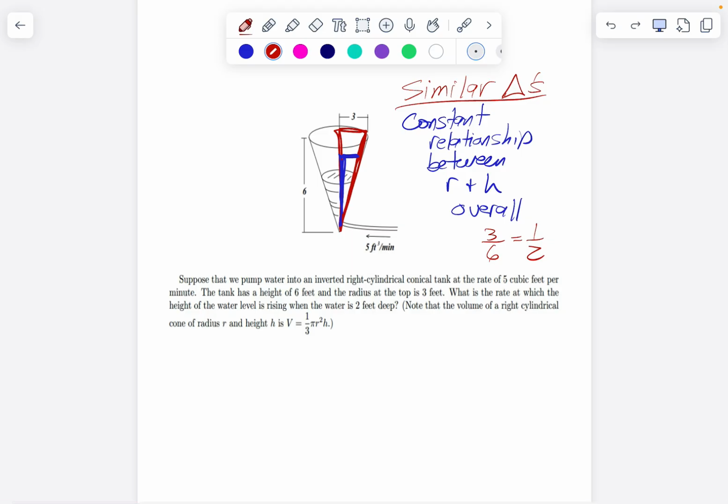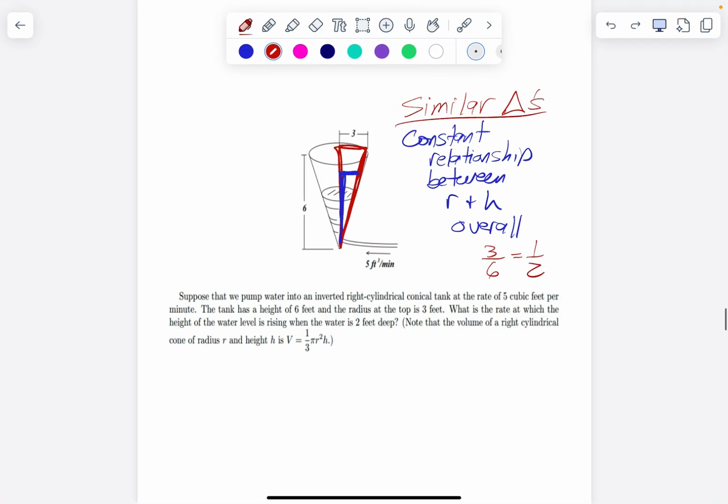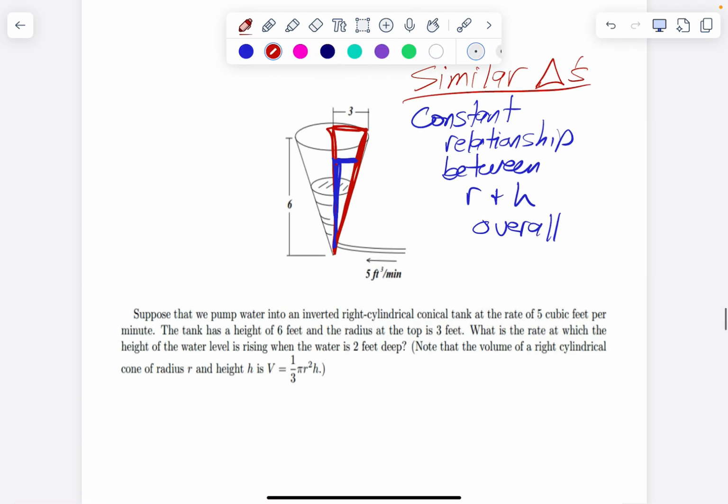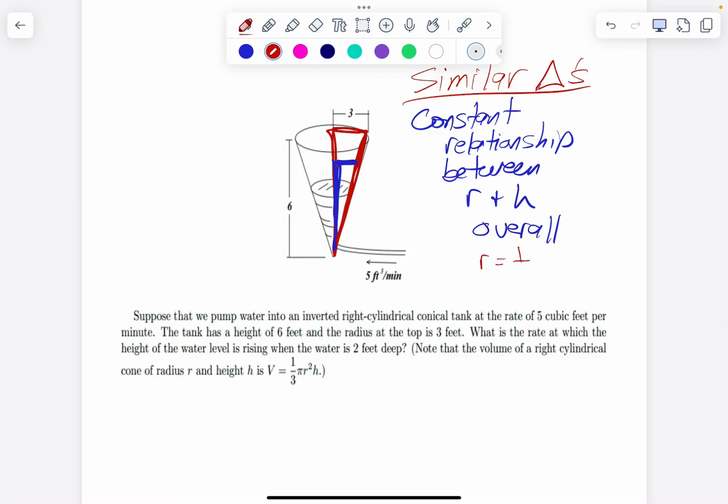And that ends up being pretty critical to solve the problem. So keep an eye out for relationships that are constant relationships like that. I said that on Friday, but didn't write it as an equation, which is fine. I wanted you to think of that. So I'm going to write that here now, where we can say R is 1/2 of H. That relationship stays constant all the way up and down.